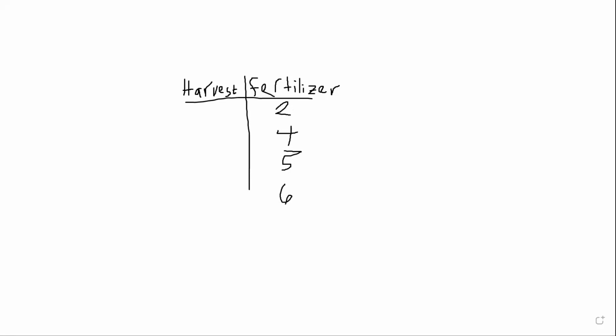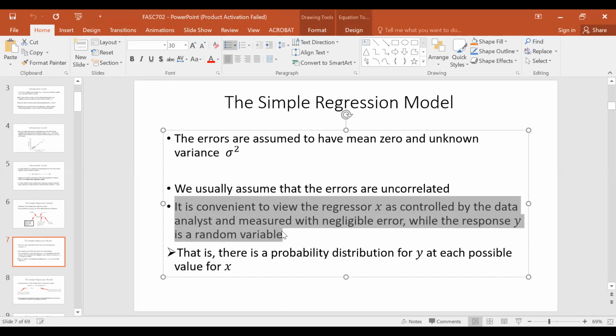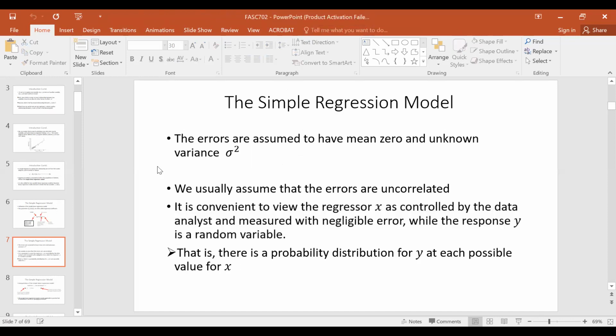So that is the meaning of this. The guy has predetermined the X's already. X is the fertilizer, and this is Y, because remember, we are predicting Y using X. So it is convenient to view the regressor X as controlled by the data analyst and measured with negligible error, while the response Y is a random variable. So the surprise element is only at the harvest stage.